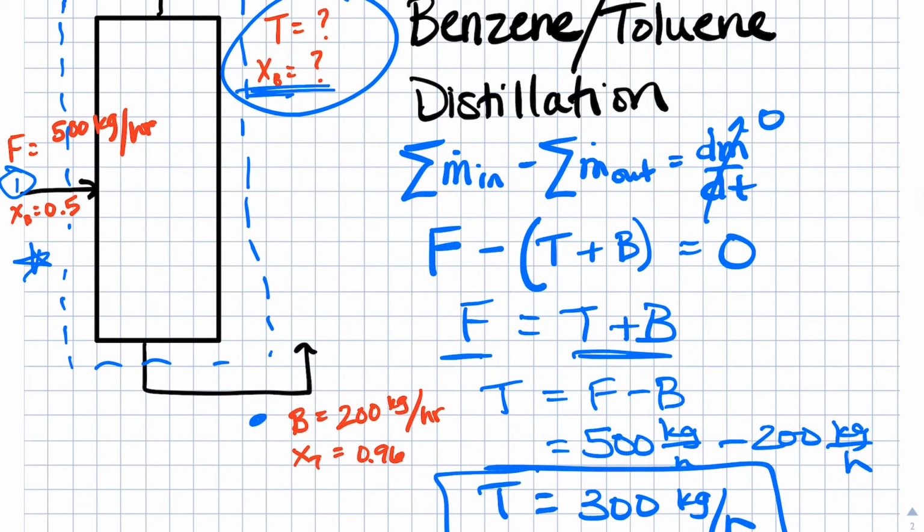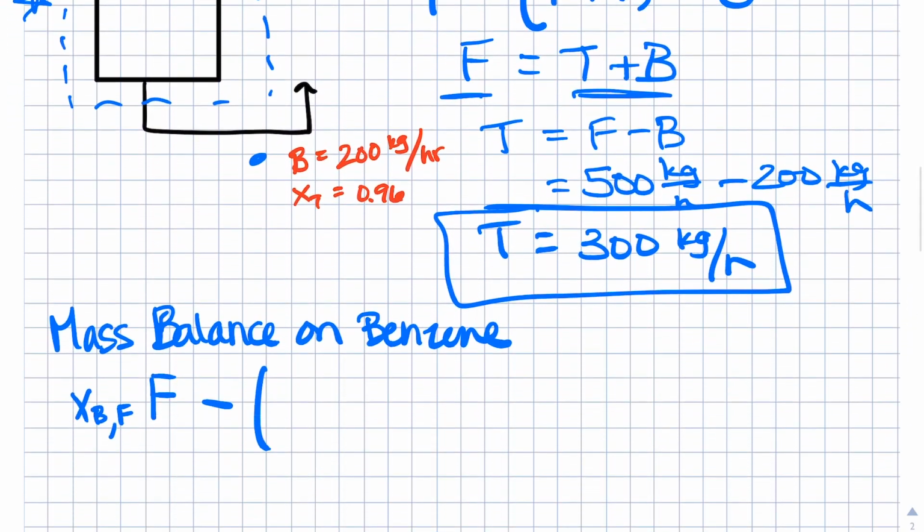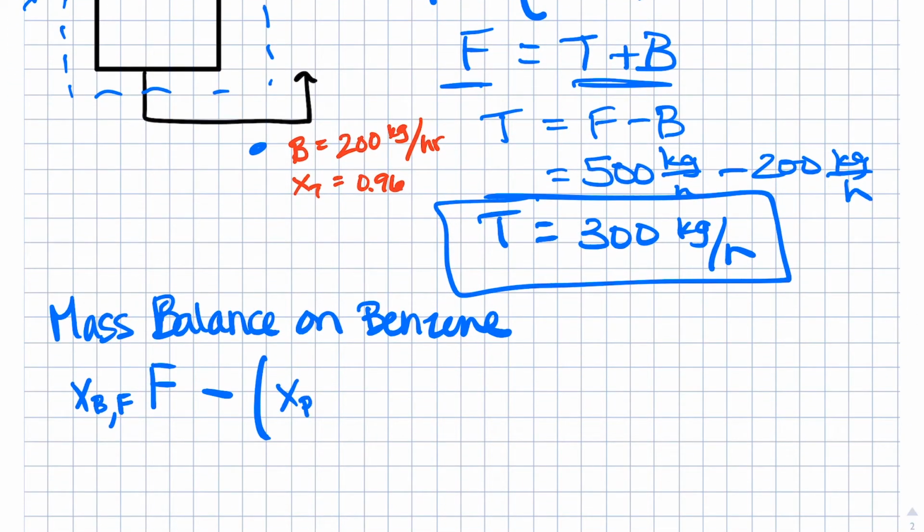In our feed stream, if I take XBF, the concentration of benzene in the feed, and multiply it by the feed, that's how much benzene is coming in. We're going to subtract from it how much benzene is coming out. Let's start on our top. We don't know XBT. We're going to multiply it times the top flow rate.